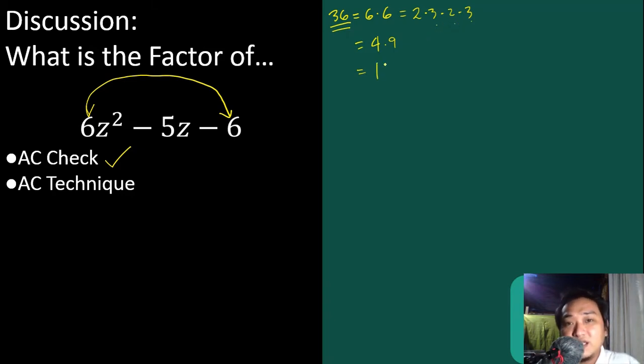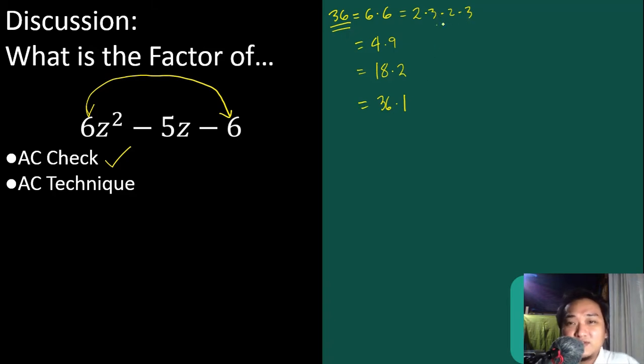So, we can say 18 times 2. 18 times 2 is 36. Okay. As well as, syempre, huwag natin kalimutan, that is 36 times 1. Yan na yung pinakamadali, yung 36 times 1.